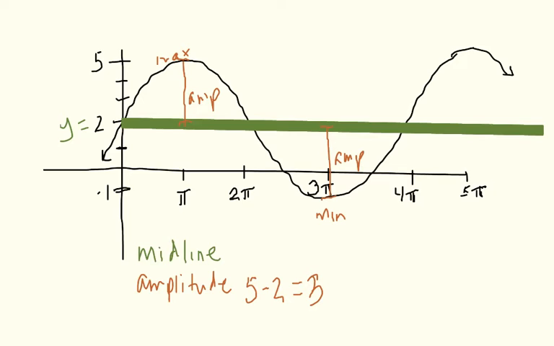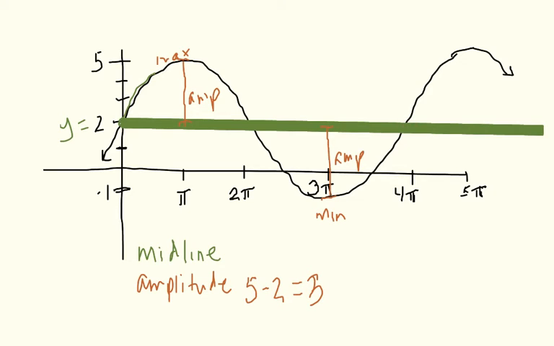Additionally, we can talk about how often our function is repeating, so how long it takes for the pattern to start to repeat itself. So if I start at my midline here, and I travel along my curve until I get to the next spot where the pattern would start to repeat, so right around here, that's the end of what we call one cycle.